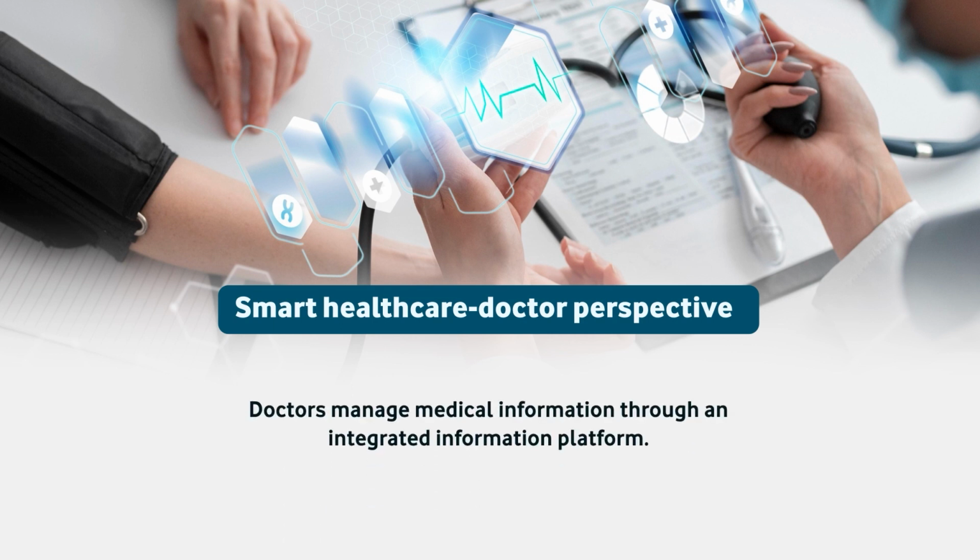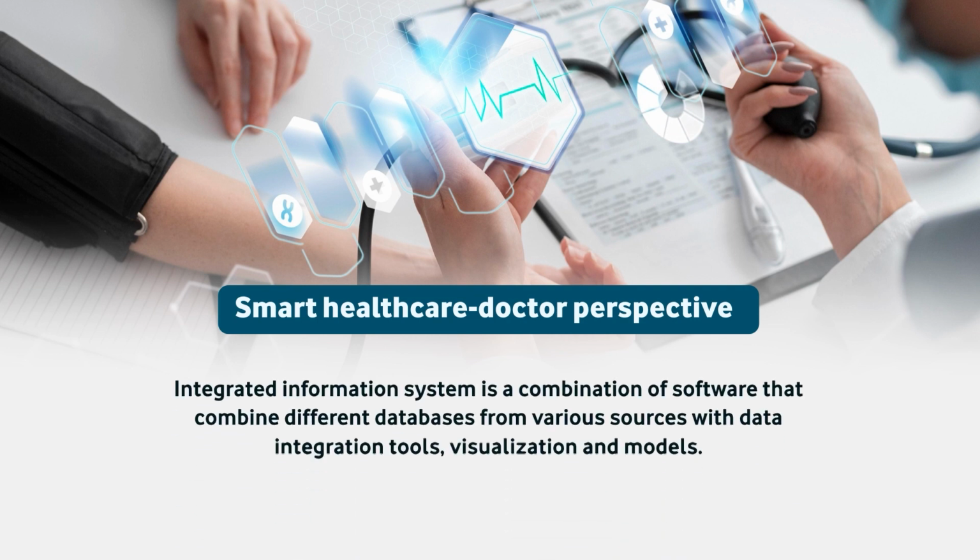Doctors manage medical information through an integrated information platform. Integrated information system is a combination of software that combine different database from various sources with data, integration tools, visualization and model. Previously, what was happening?